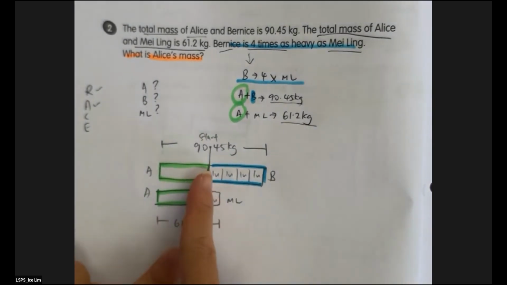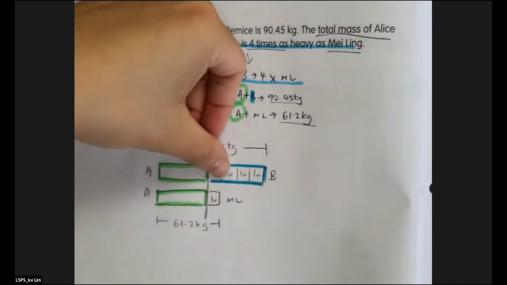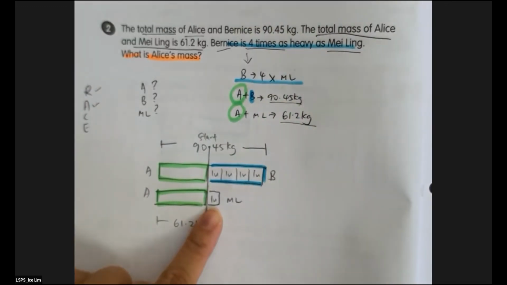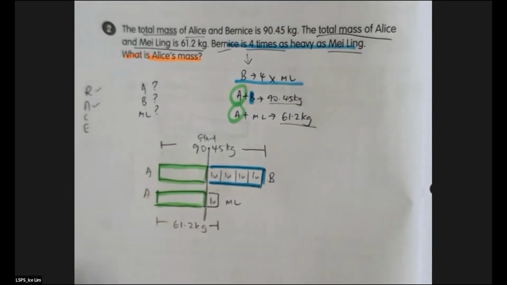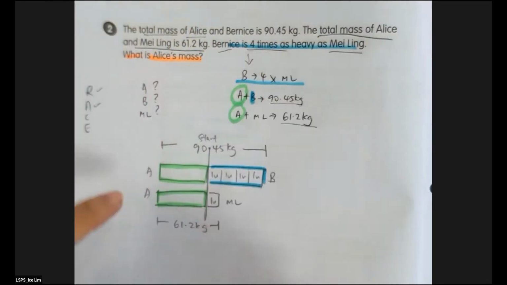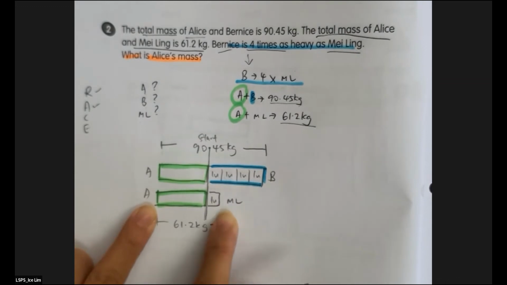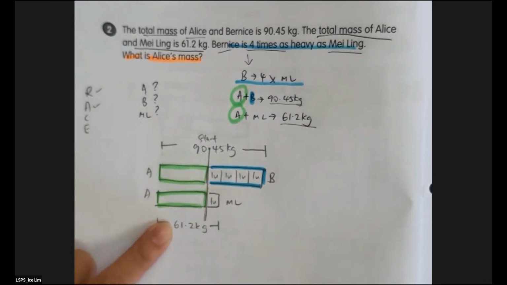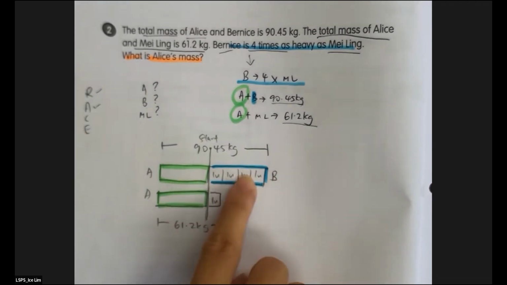So I've got 4 units for Bernice, 1 unit for Mei Ling. Now, if I take this long bar and subtract the shorter combination, what do you think I'll get? 2 units of the difference, right?